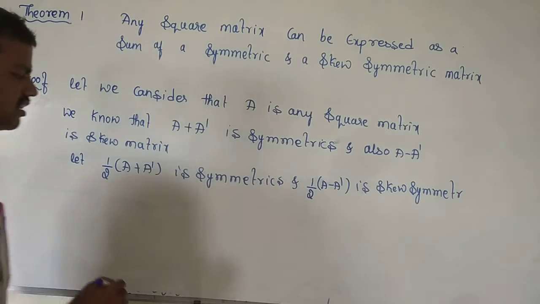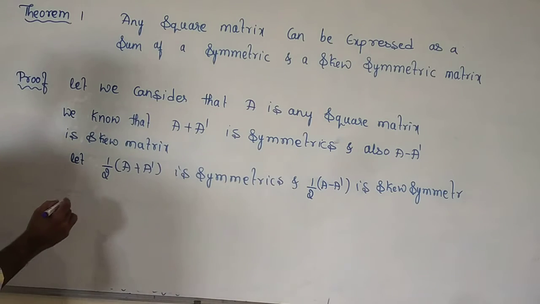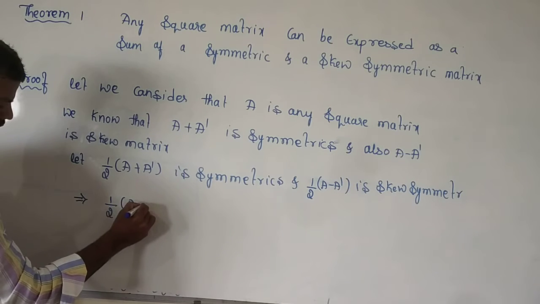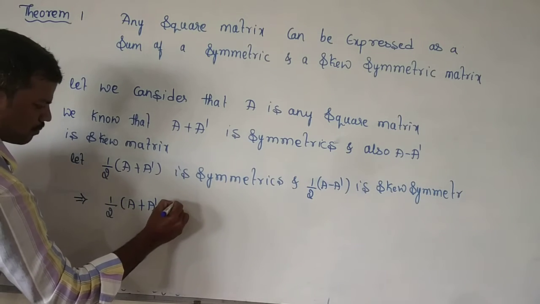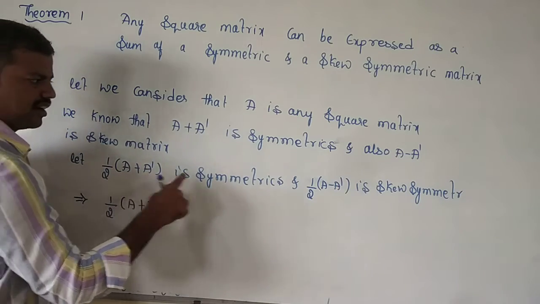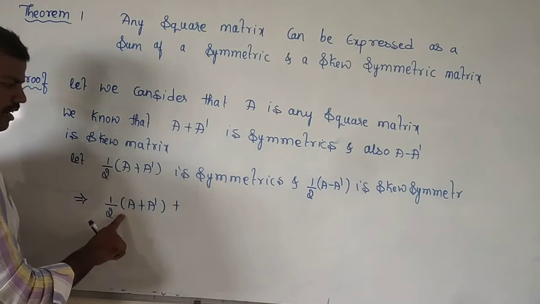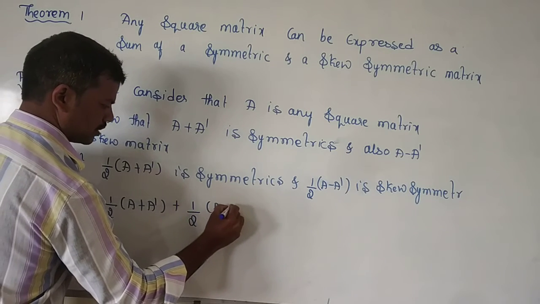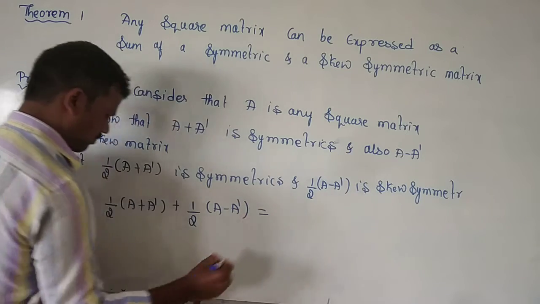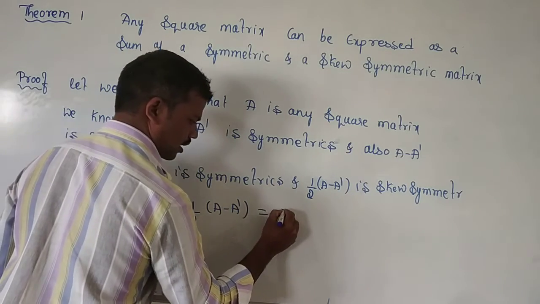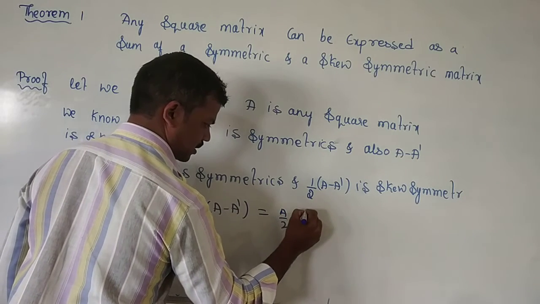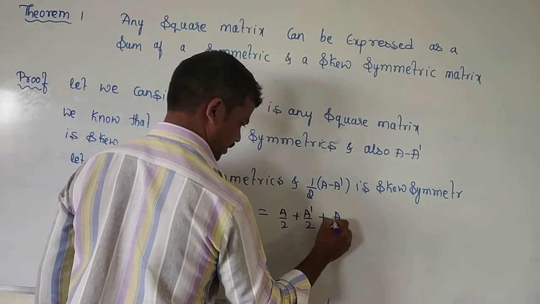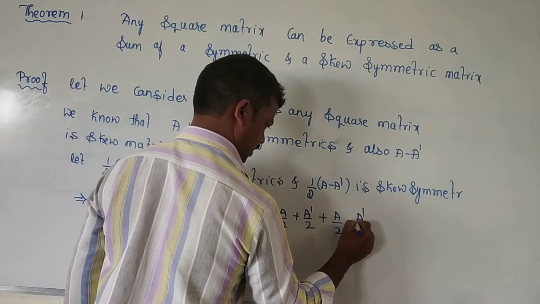So if we add these, what do we get? We are adding a symmetric and a skew symmetric matrix. It implies 1 by 2 A plus A transpose plus 1 by 2 A minus A transpose. If you simplify, we get A by 2 plus A transpose by 2 plus A by 2 minus A transpose by 2.